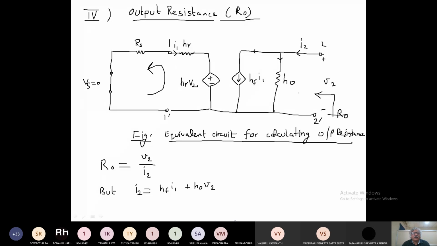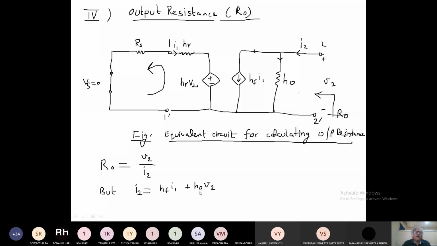Okay. So this we have already done here. R naught is equal to V2 by I2. Now, I2 we get from the first two basic equations we have written. I2 is equal to HF I1 plus H naught V2.